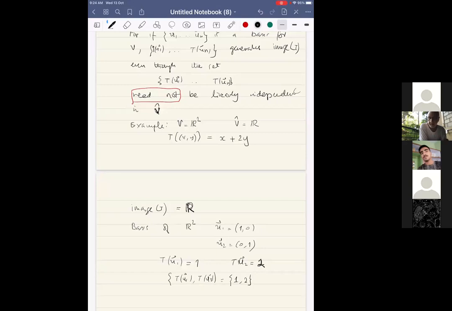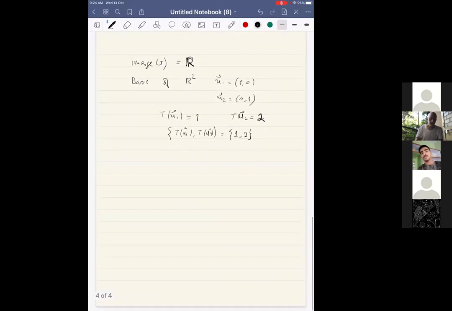But are they linearly independent? No, sir. So here is a counterexample. TU1 and TU2 together generate R, but they are not linearly independent in R. Is this clear? Thank you.